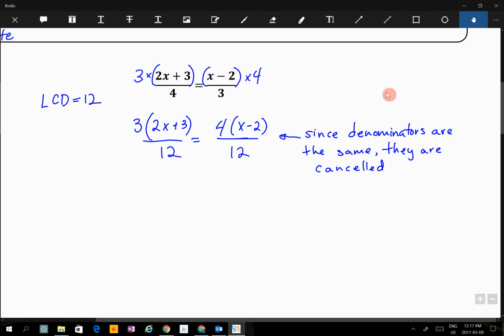So when you cancel the denominators, what we get is just the numerators. 3 times 2x plus 3 equals 4 times x minus 2.